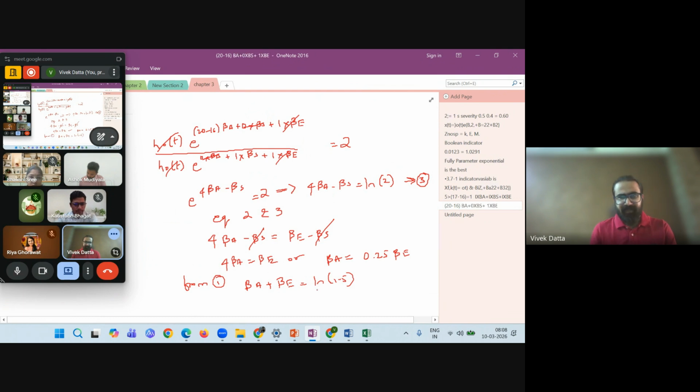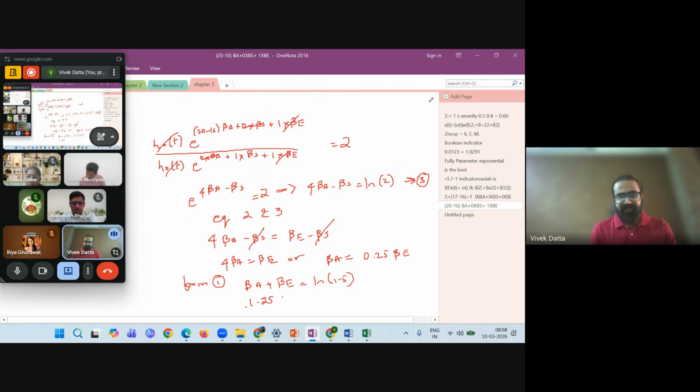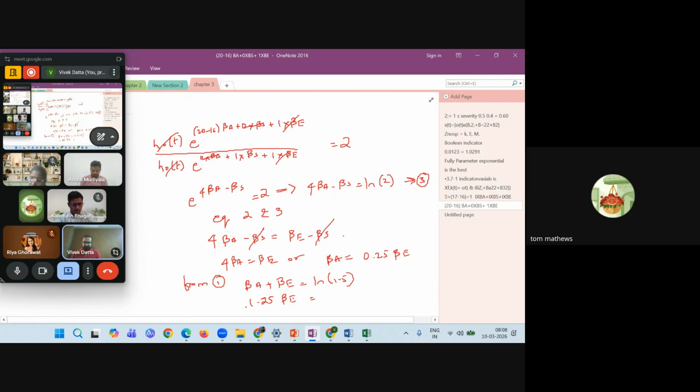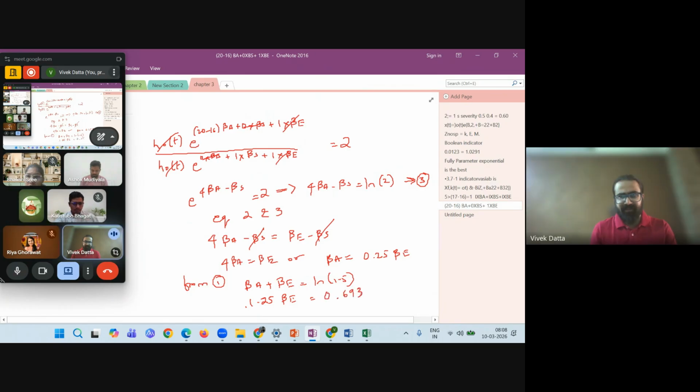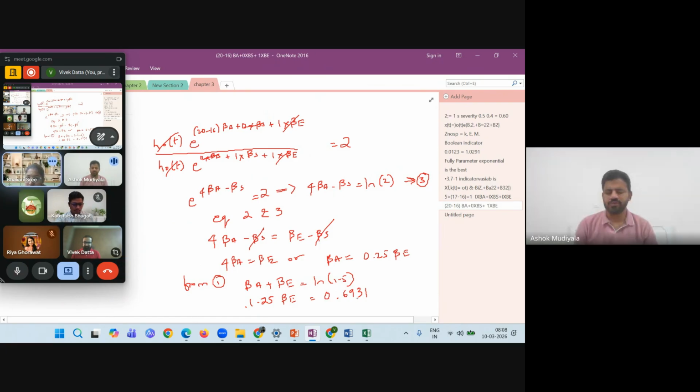So 1.25 beta e is equal to, what is the value of ln of 1.5? It is 0.405465.